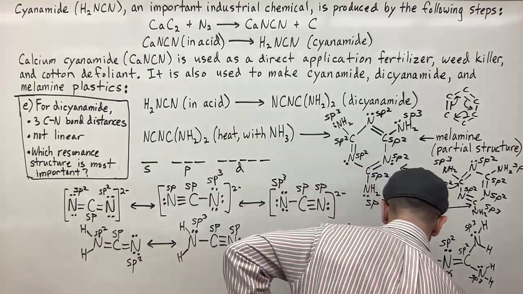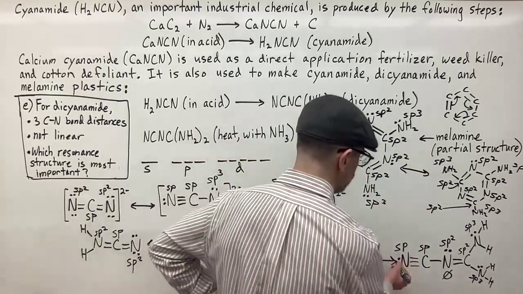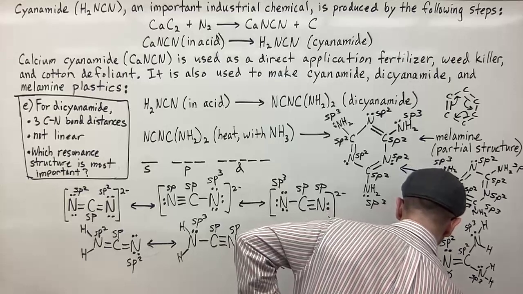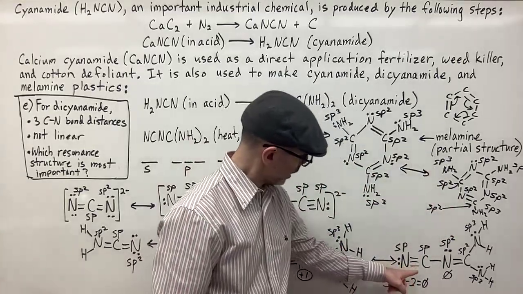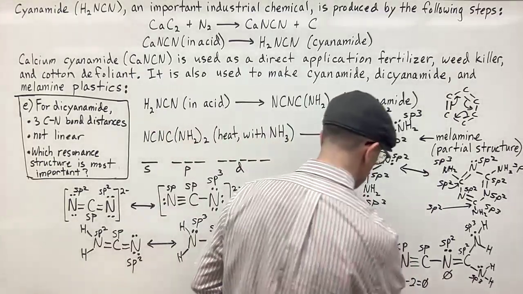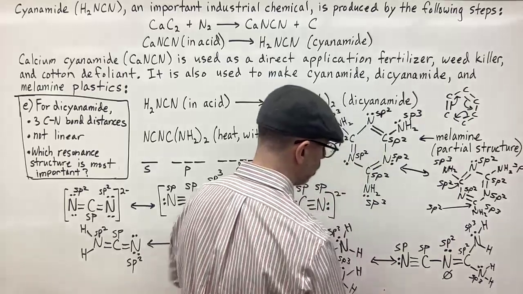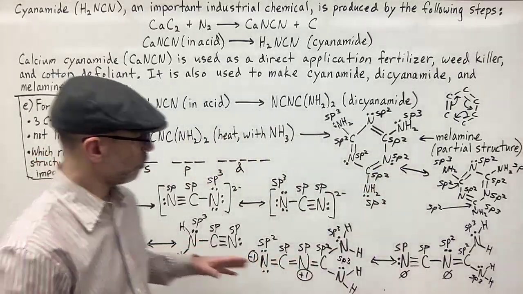So we're going to subtract out 3. And the 2 lone pairs, and again, it's 0 because, again, look at the bonding pattern. 3 bonds, 1 lone pair, so it's 0. So all of the atoms here have 0 formal charge.